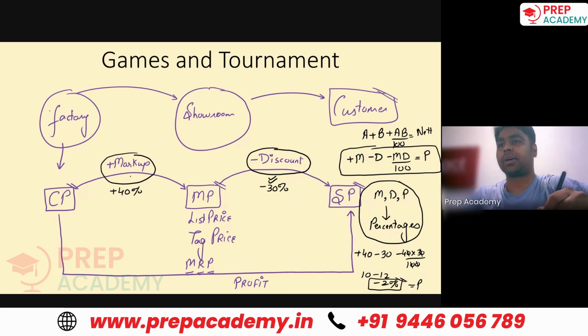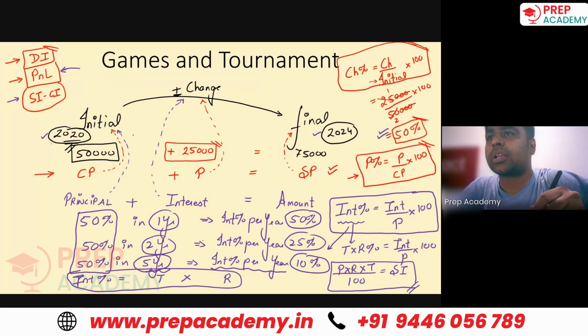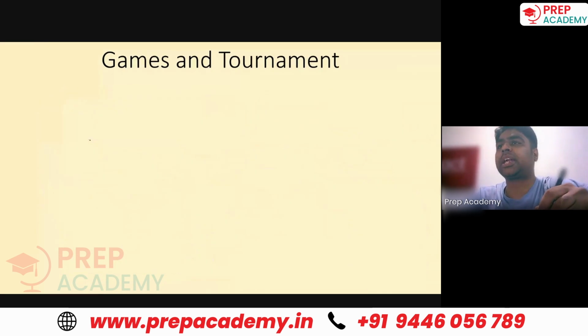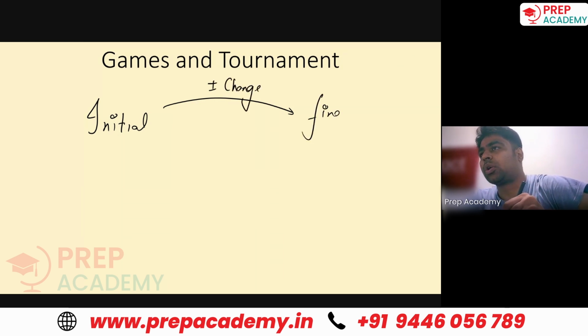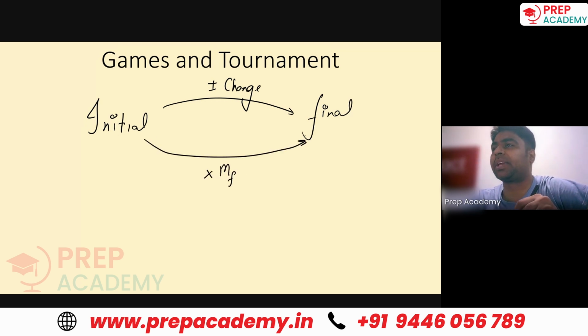Coming back to this thing. If I say initial, change, final, there are two ways of going about it. One is initial plus or minus change is called final, or initial multiplied by something becomes final.